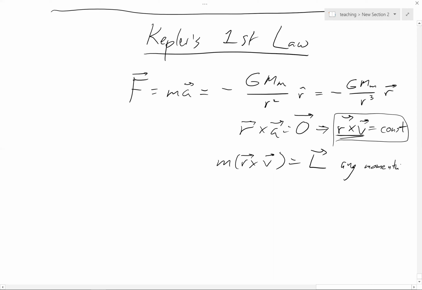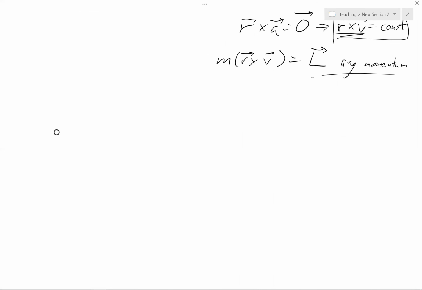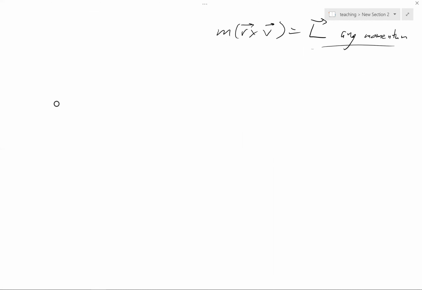So another way to get this, if you have a little bit of physics background, is that the reason Kepler's second law is true is the conservation of angular momentum. But actually proving the conservation of angular momentum is pretty tough, so that's why we didn't do it that way.